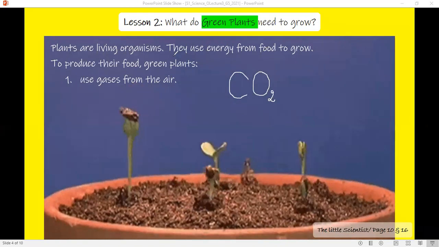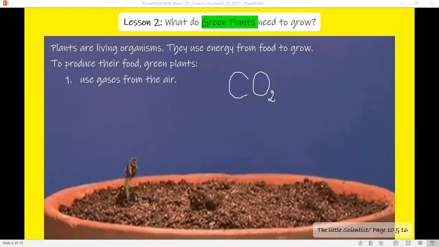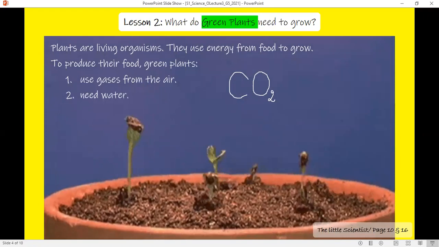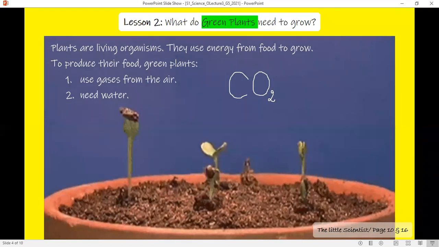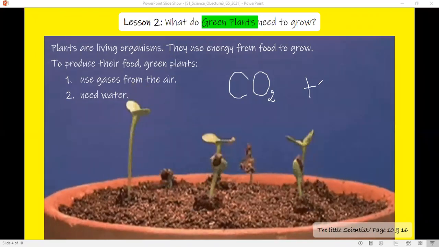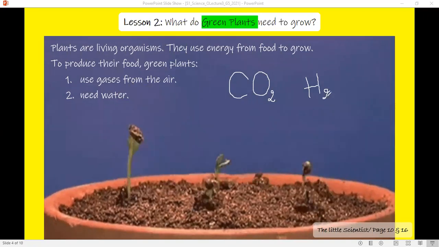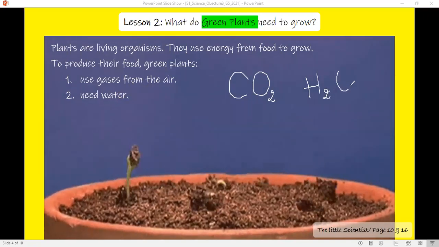This is the scientific formula of carbon dioxide. Green plants also need water, or H2O. So H2O for water, big H, small 2, big O.